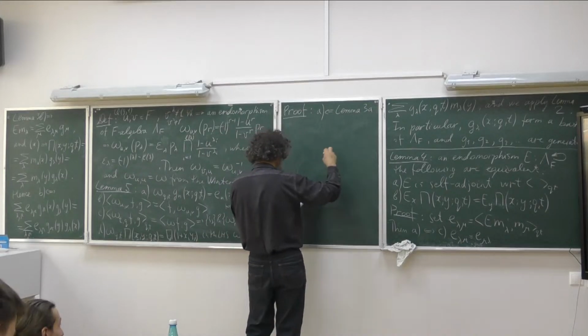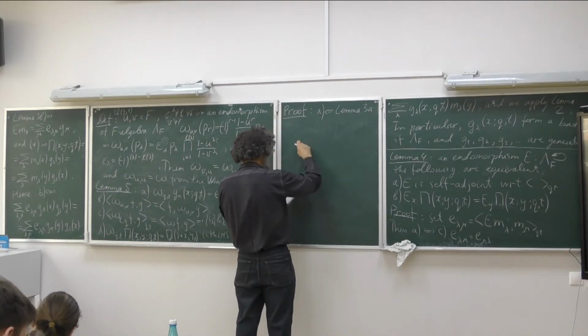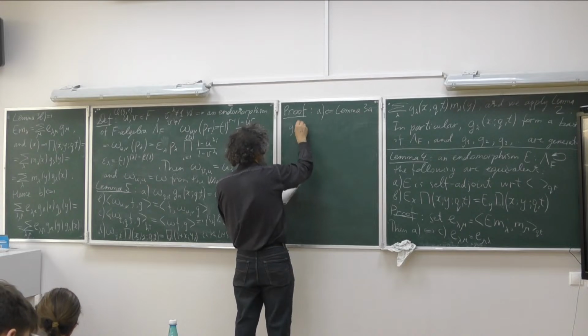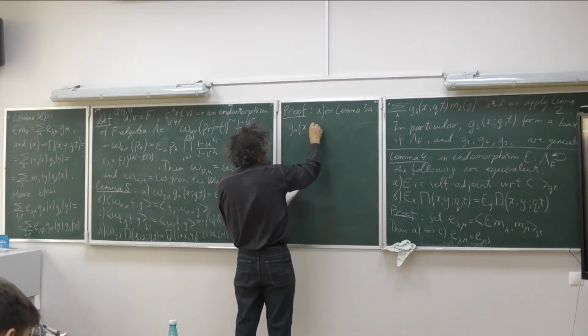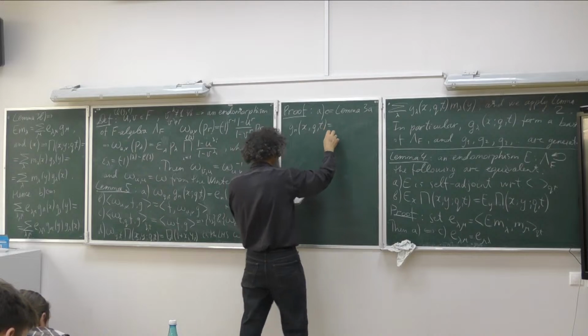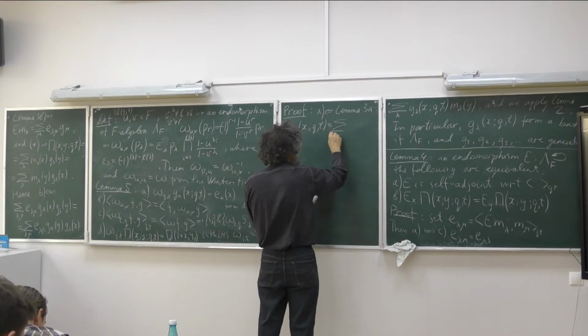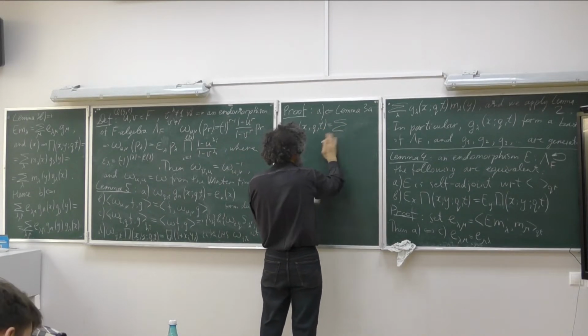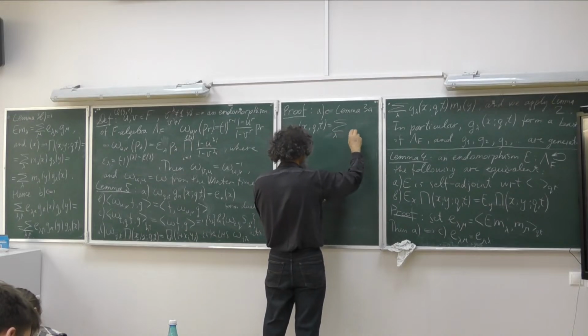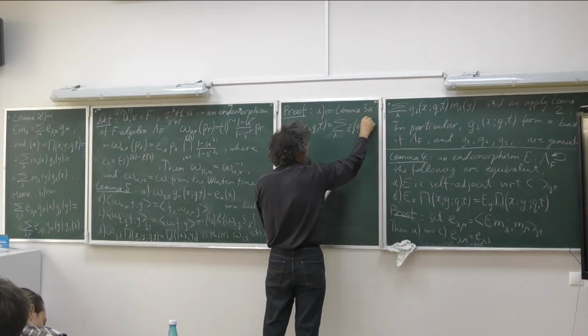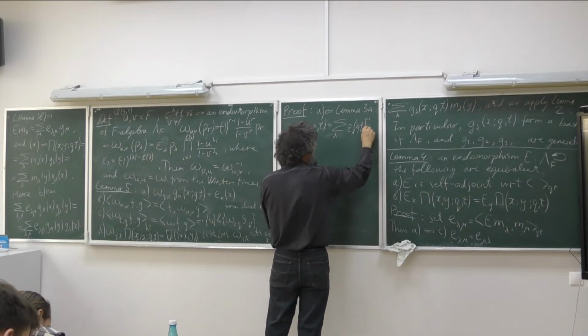Lemma 3A says that G_n(x; q, t) is the sum over all lambda of the lambda q, p inverse, p_lambda of x.